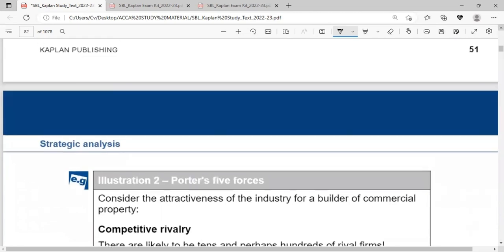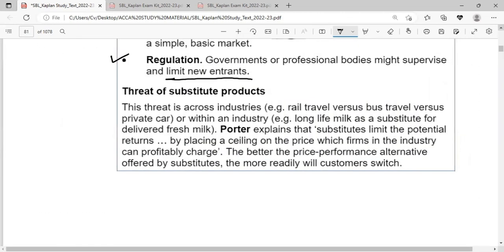And the last power and the last competitive force is threat from substitutes. Any question? Okay. Substitutes are what? Substitutes means they are selling a slightly similar product, but not the competitive product. They are providing an alternative product which can fulfill our requirements.